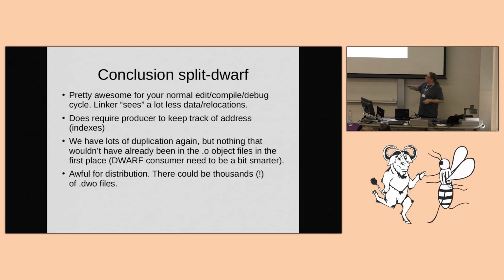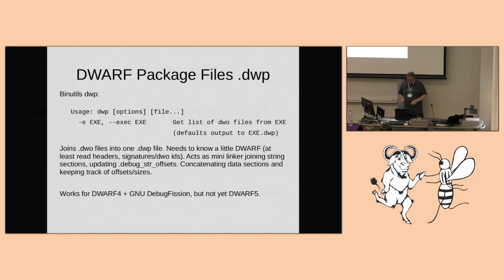For example, when I was working on the Elfutils support, I happily opened all the DWO files before reading them, and of course you run out of file descriptors as soon as you do that. You can package them together.